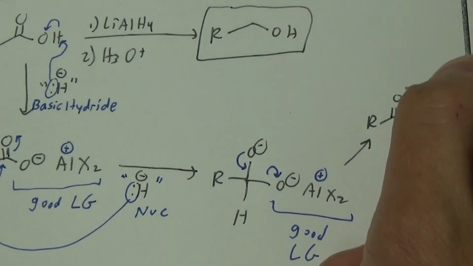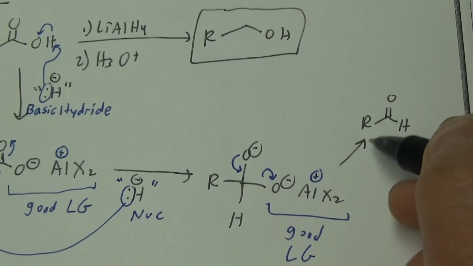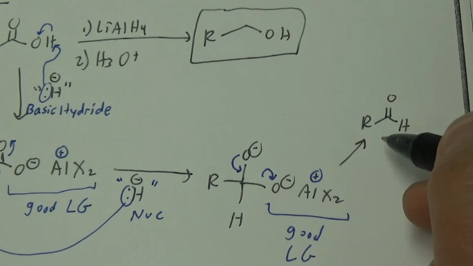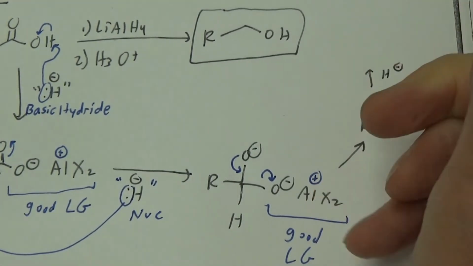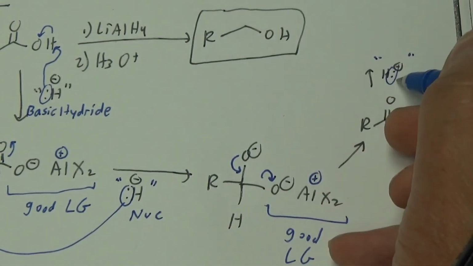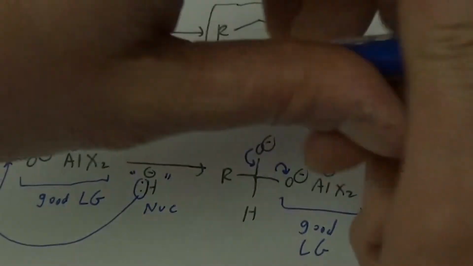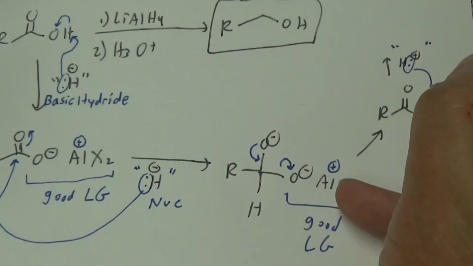And now it's plain old Organic 1, because an aldehyde is easily reduced. An aldehyde is a very electrophilic thing. Now we just do it again. H minus, in quotes. Whoops, we've got to attack the right atom. It doesn't attack the proton, it attacks the carbon.